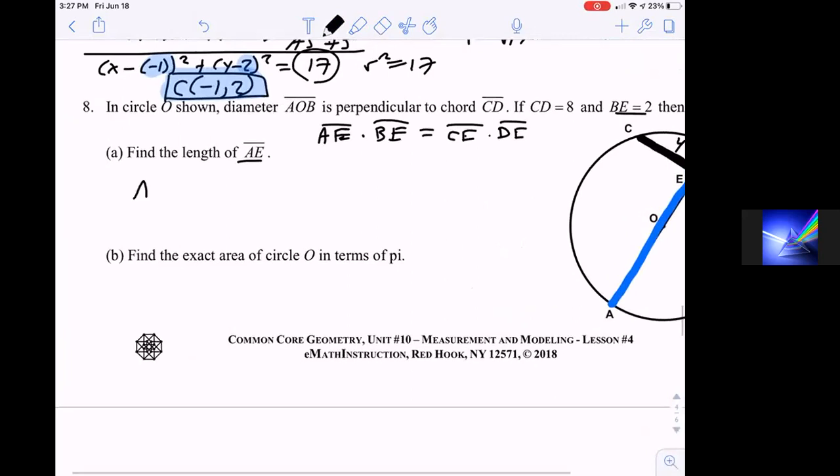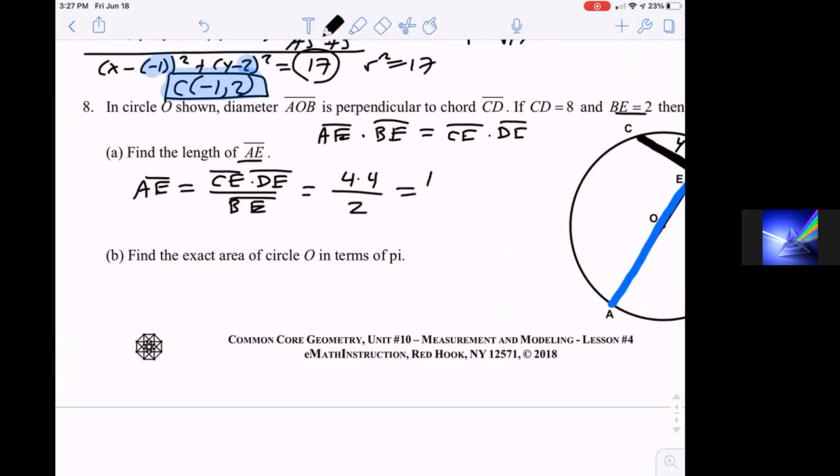And you're looking for AE. So AE would be equal to CE times DE divided by, we divide out the BE. So CE and DE are both 4, so 4 times 4 over BE, which is 2, and we get 16 over 2, which is 8.